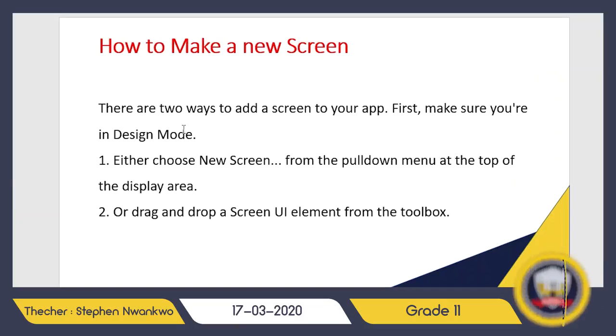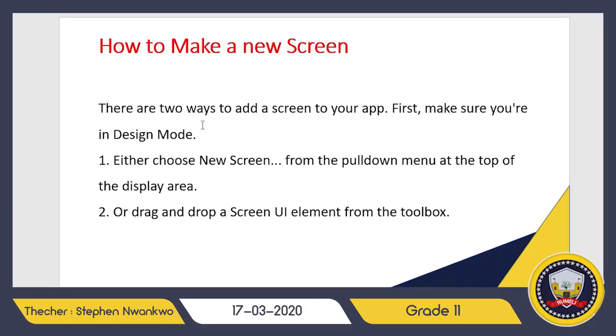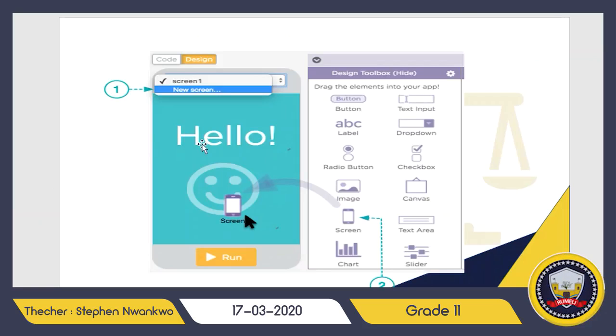Now let's look at how we can make a new screen. There are two ways to add a screen to your app. First, make sure you are in design mode. Let's go back to this place. Like I told you, we have the code mode and the design mode. So before you create your screen, you must switch to the design mode, and this is the design mode.